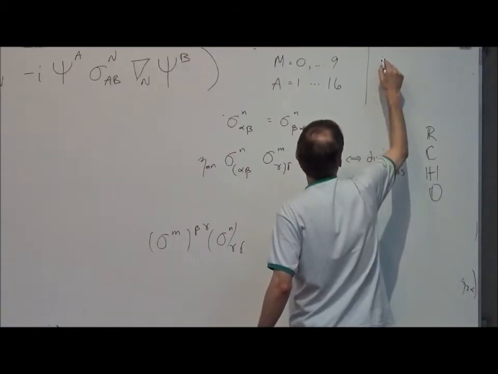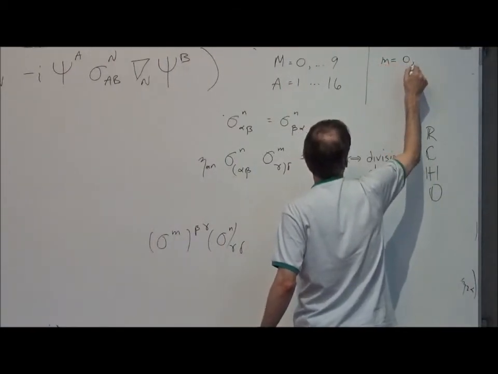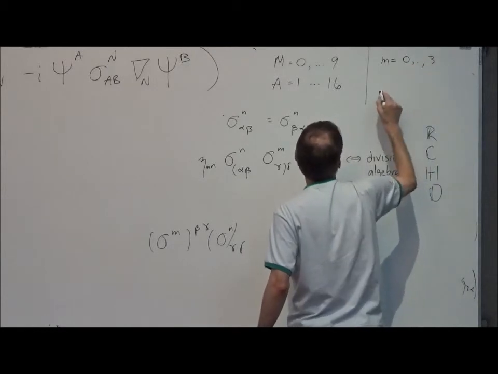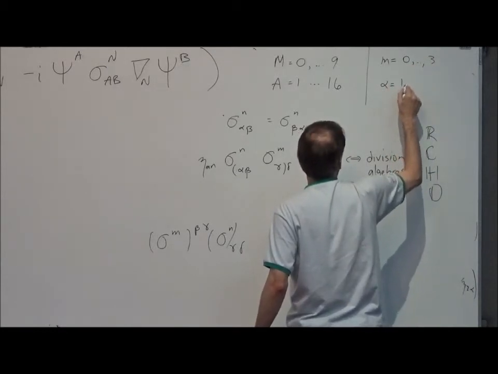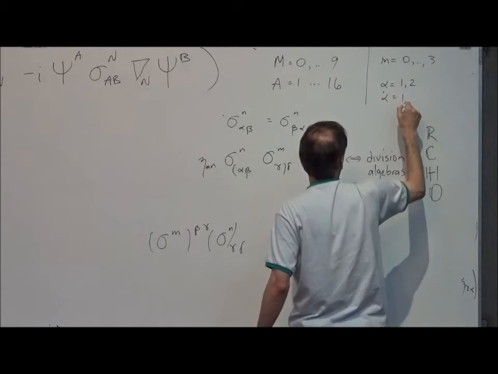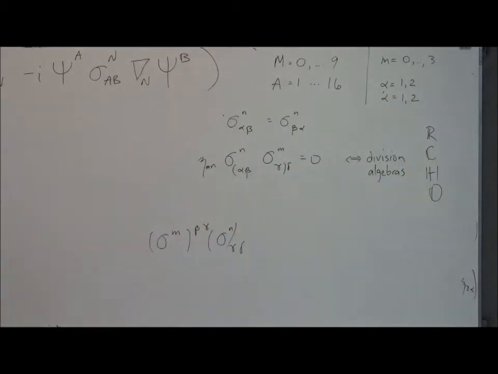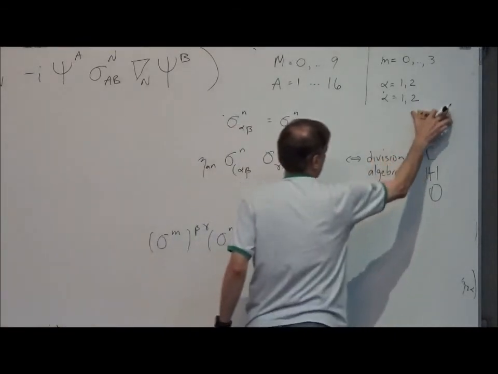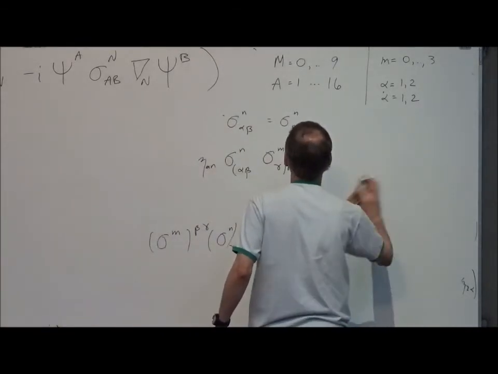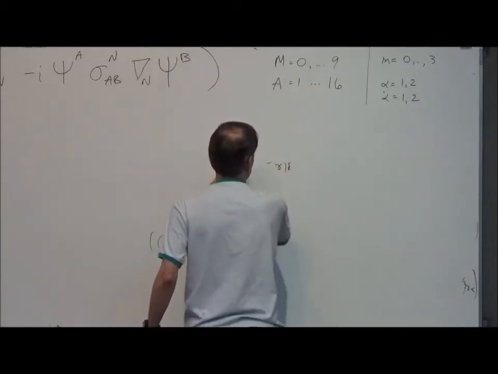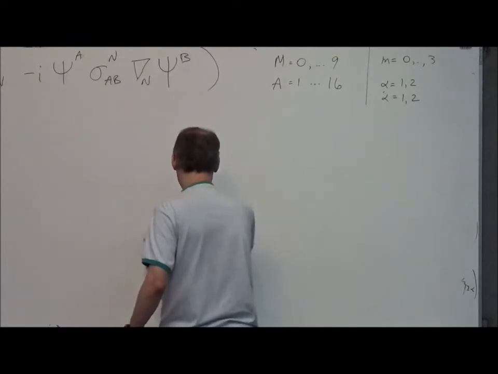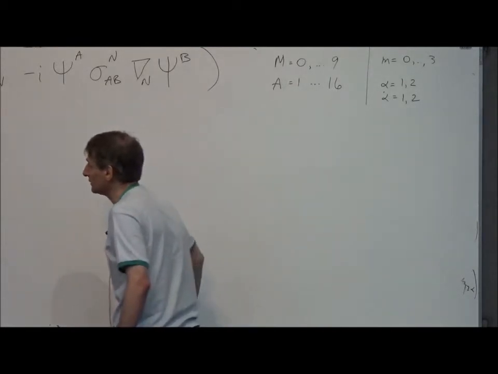And then we're going to have 4-dimensional indices: M is 0 to 3, and alpha 1 to 2, alpha dot. And we're going to need one more kind of index, so I'll tell you in a second.